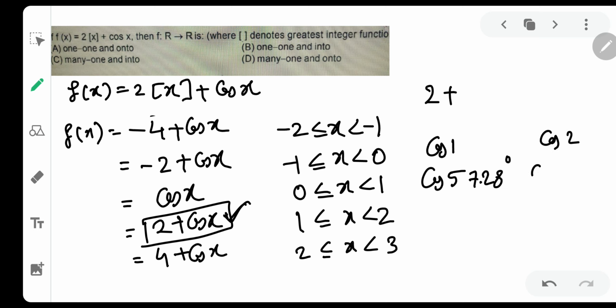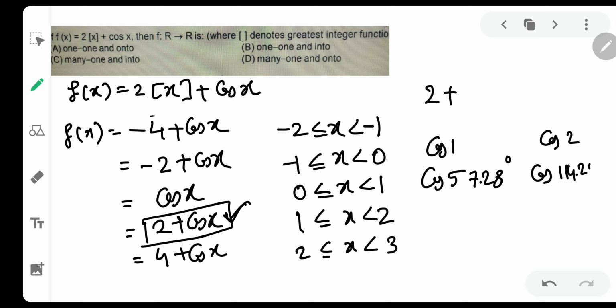And cos 2 is cos of 114.28 degrees. As you can see, cos 57 is positive and cos 114 is negative. So this value will increase from 2 up to 90 degrees, where cos 90 is 0, and from 90 it will again start decreasing. So this will be increasing and then decreasing also.